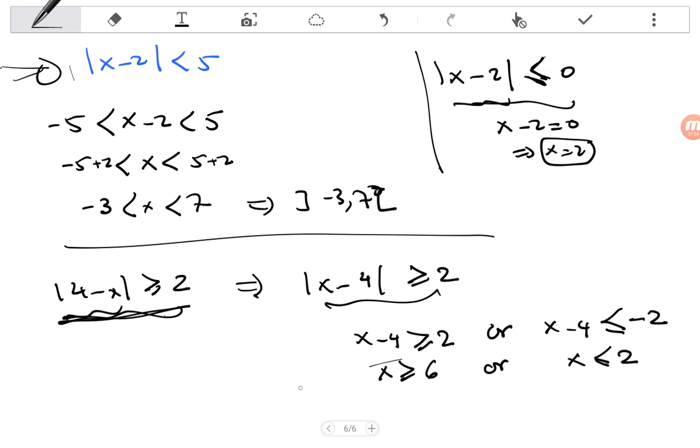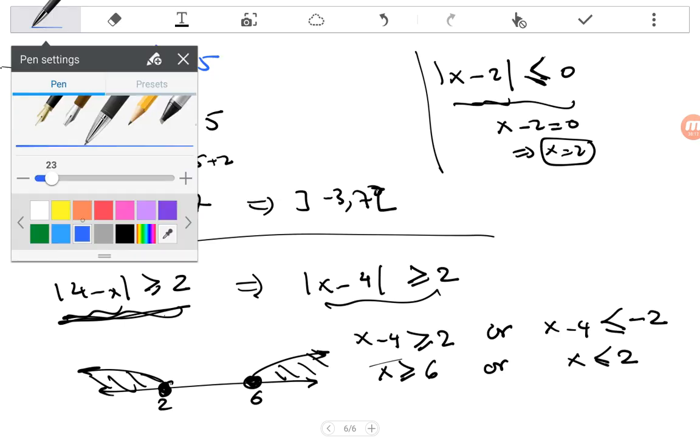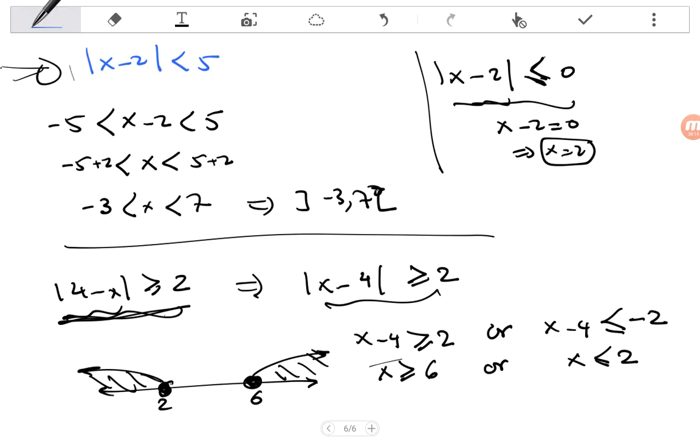Okay, let's depict that on the number line. Here is 6 and here is 2. Because we have an equal sign, we shade both 2 and 6. x greater than 6 will be like this. x less than 2 will be like this. Okay, and in general, solving an inequality with greater than just gives me on the number line something like this.